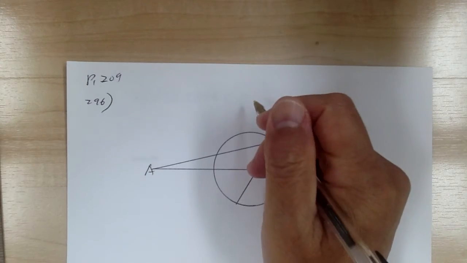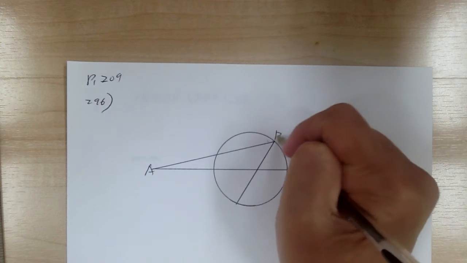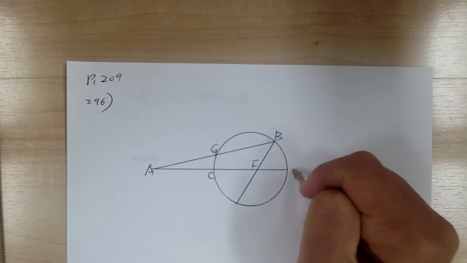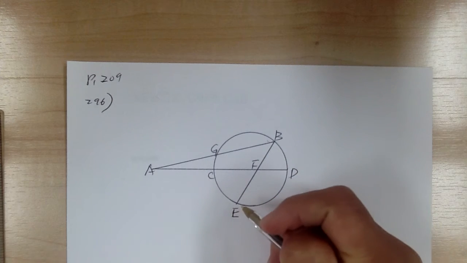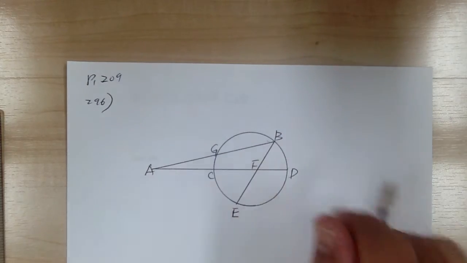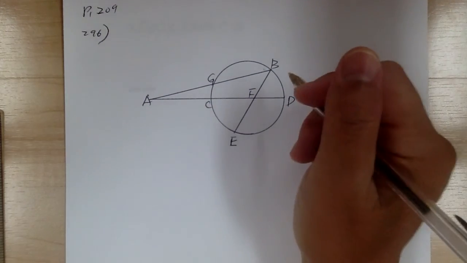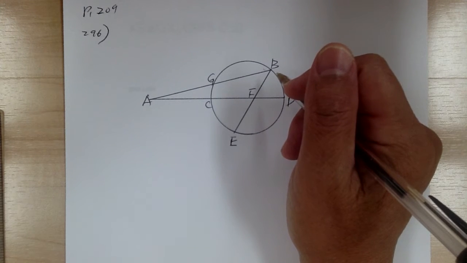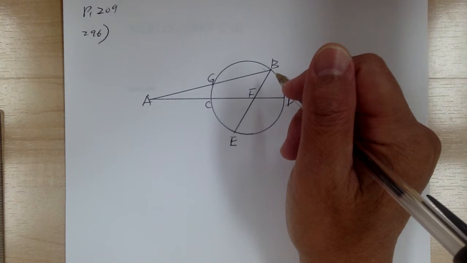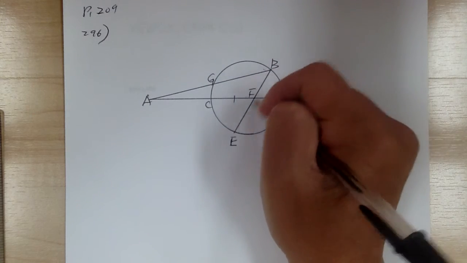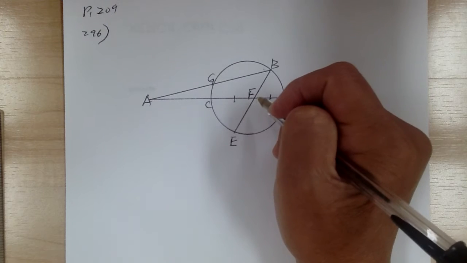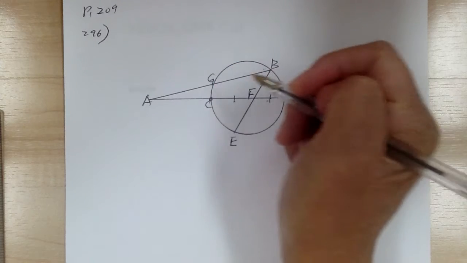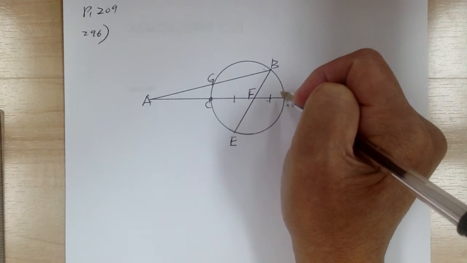So you've got A, E, G, C, F, D, E. In the diagram, EB bisects CD, so these two are congruent. And C is the midpoint of AD. C is the midpoint of AD.